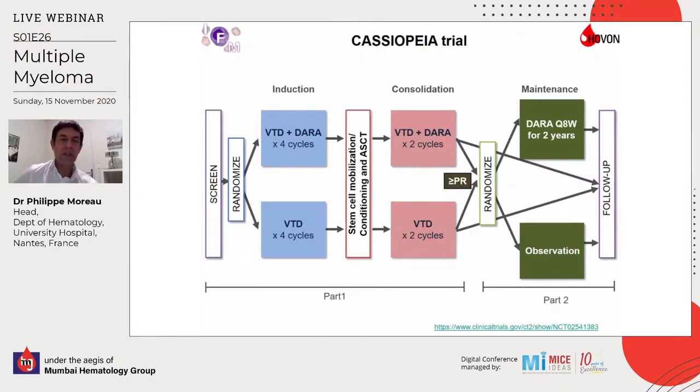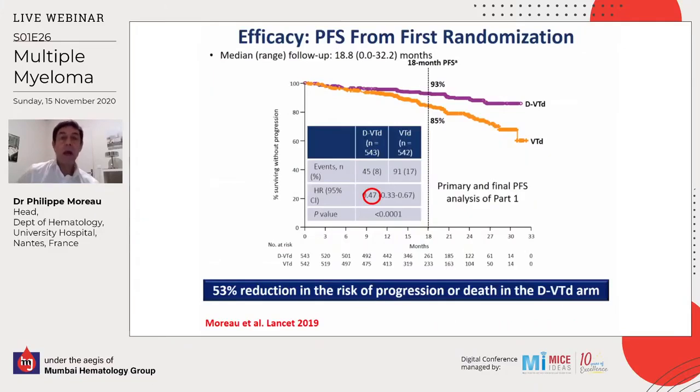So this is the study design: young patients eligible for stem cell transplantation, VTD versus DARA-VTD, both before and after stem cell transplantation. And we showed that the progression-free survival was improved for those patients receiving the quadruplet combination, with a hazard ratio of 0.47. So a huge improvement, in fact, with the addition of daratumumab on top of VTD.